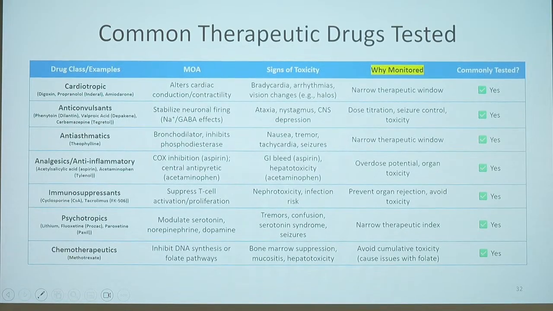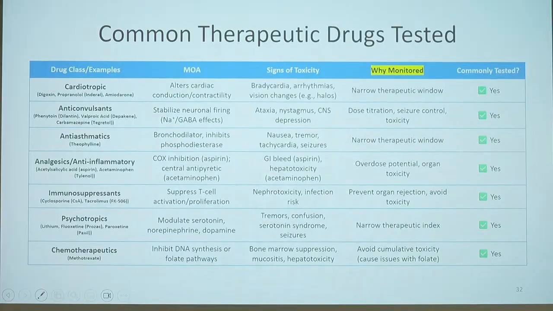As I mentioned, most of them have narrow therapeutic indices. However, some of them are very toxic to the organ systems, and so they need to be monitored to ensure that those toxicities are minimized.